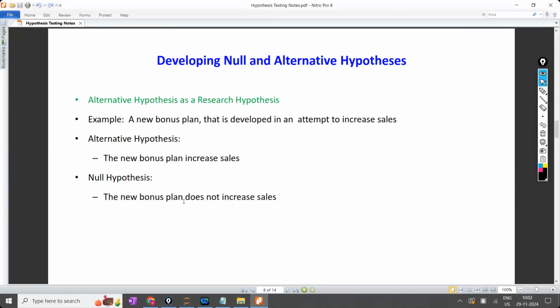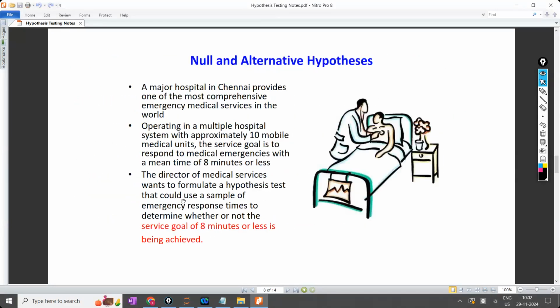Now, tell me this. Read this question and formulate the null and alternate hypothesis. Write in the notes, don't give it to me outside. Online students and offline students, please write in the notes.